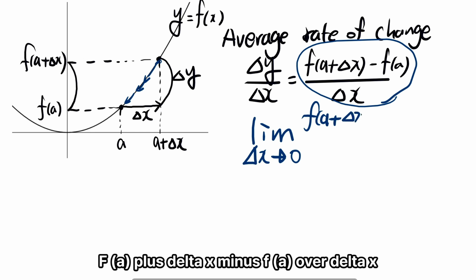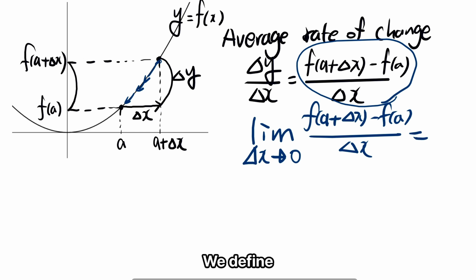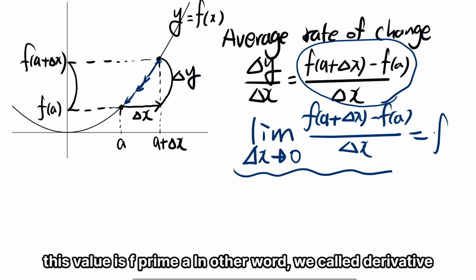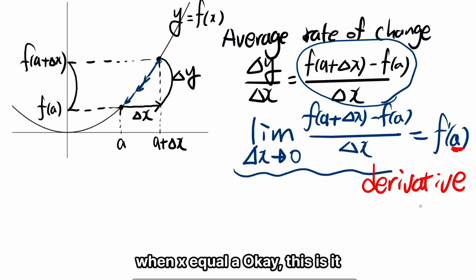f(a plus delta x) minus f(a), over delta x. We define this value as f prime of a. In other words, we call it the derivative when x equals a. Okay, this is it.